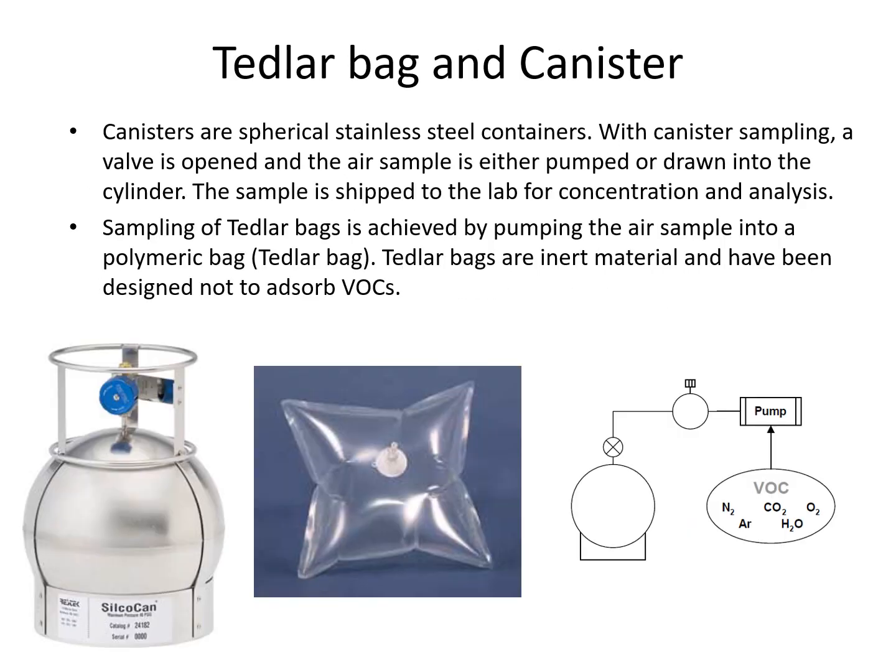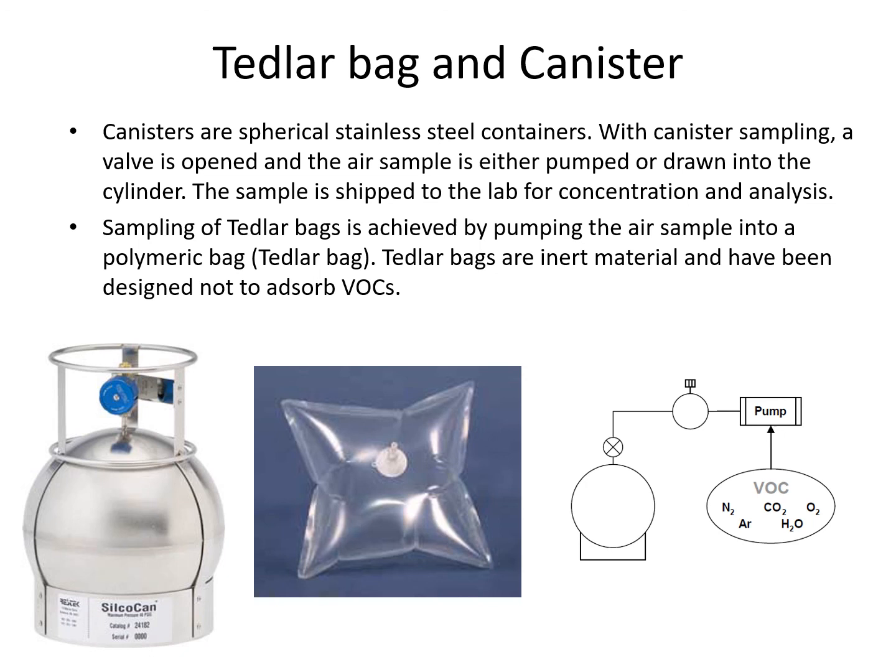Okay, class. In order to extract gas samples from the environment, another way apart from the cartridge is to use Tedlar bags and canisters. Canisters are actually stainless steel containers. With canister sampling, a valve will be opened and the air sample is either pumped or drawn into the cylinder.